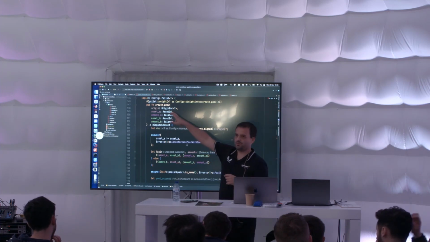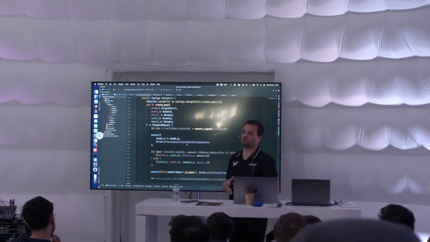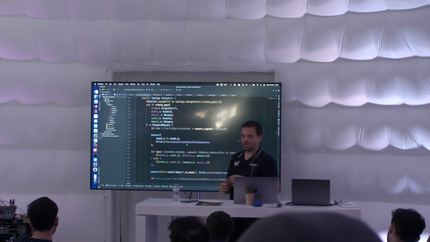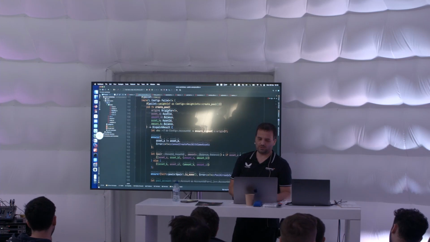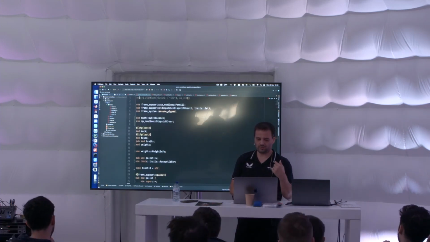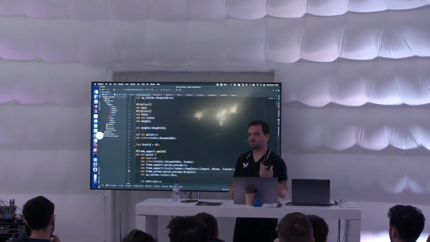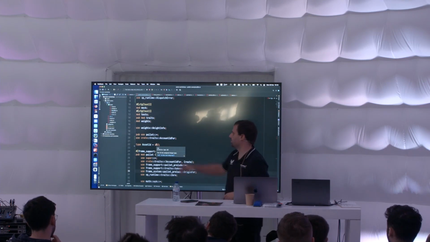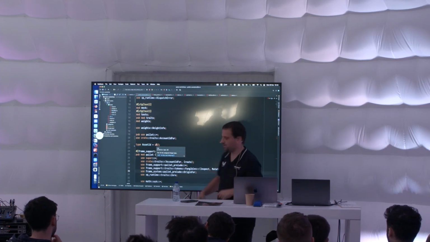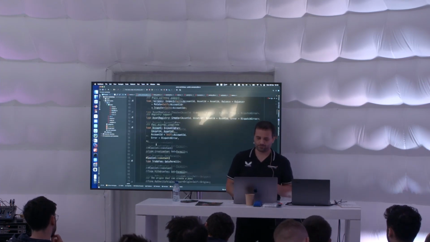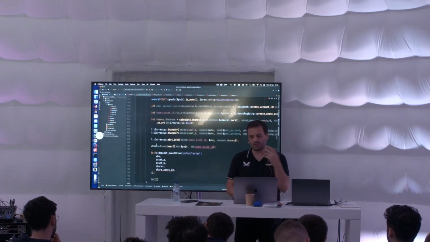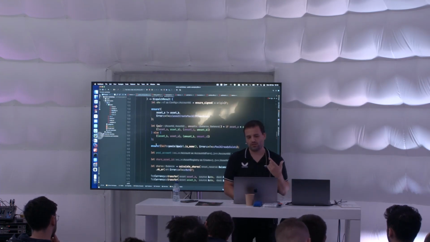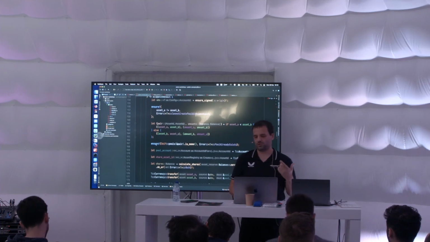The types you can decide if you want to be generic or not. For me, I just decided to use concrete types, which are specified here. Asset ID is u32, and the balance is not here, but balance is u128. But you can make it generic and work with a generic type.